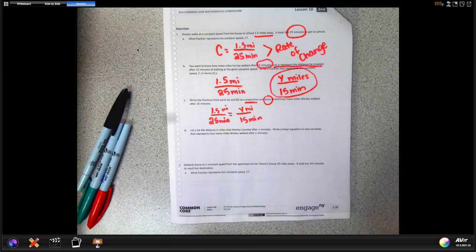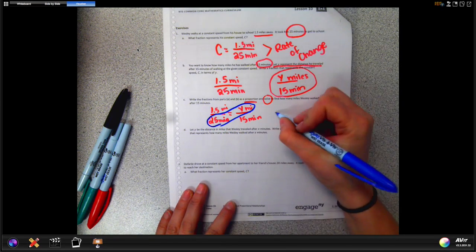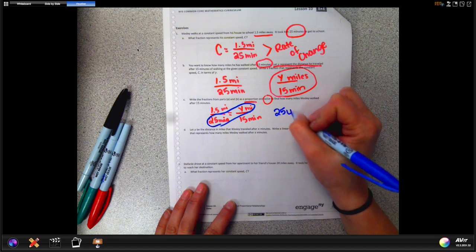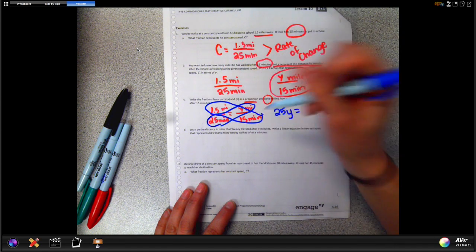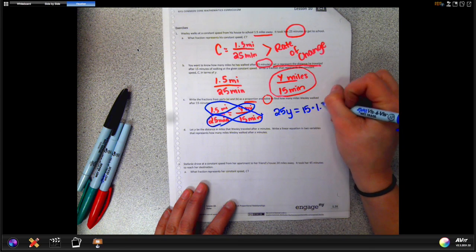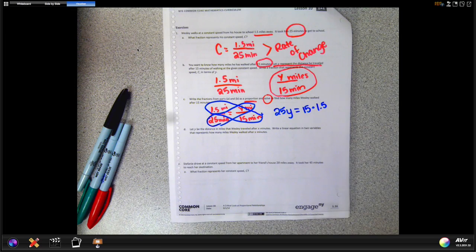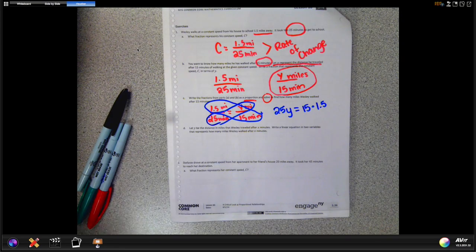And then to solve it, we're going to set up a linear equation by cross multiplication. So 25 minutes times y miles is going to be equal to now 15 minutes times 1.5 miles, okay? So if you put that in your calculator, and on this side we don't have anything to calculate, but on the right side we do.